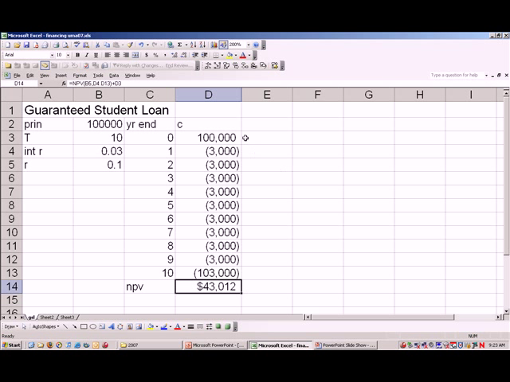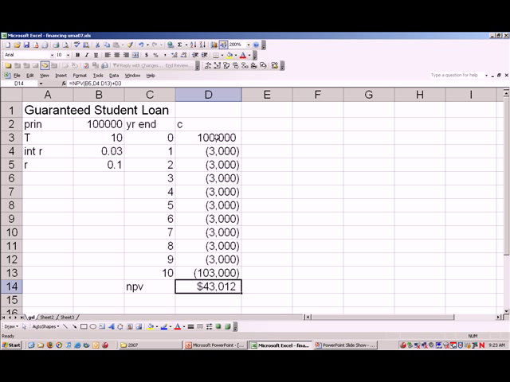Note further that the stream of cash flows in a financing option is essentially opposite the stream of cash flows in an investment or capital expenditure decision analysis.